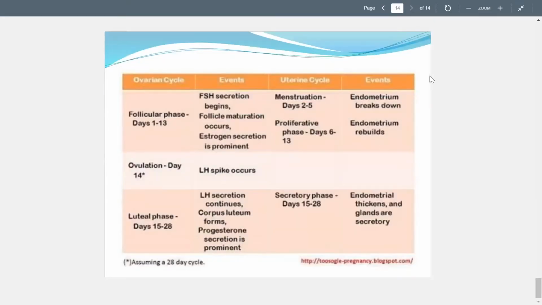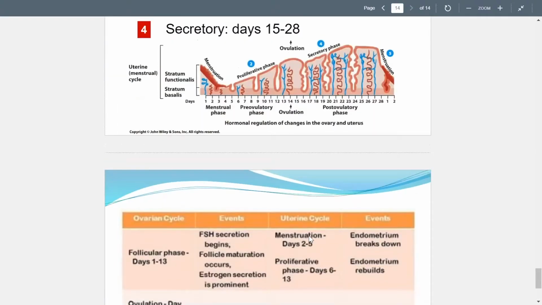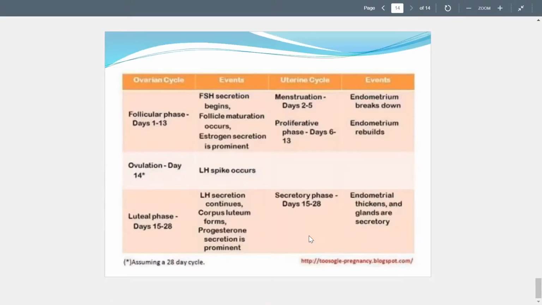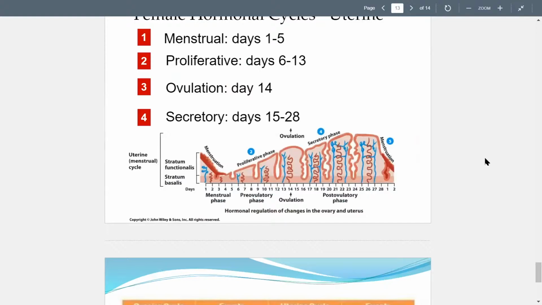This is a helpful little chart to help you remember. Ovulation makes sense because LH spikes, and LH causes the release of the egg. So just give it a brief look through. I feel like she wouldn't be too in depth with it, but just know the general steps.